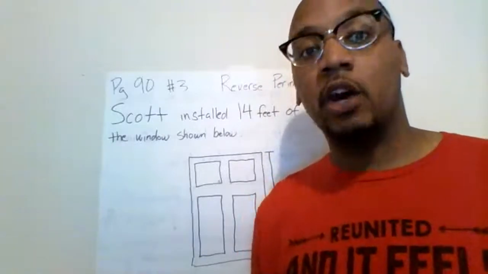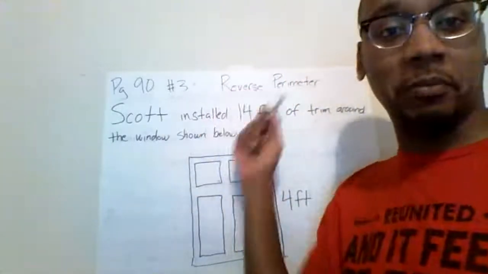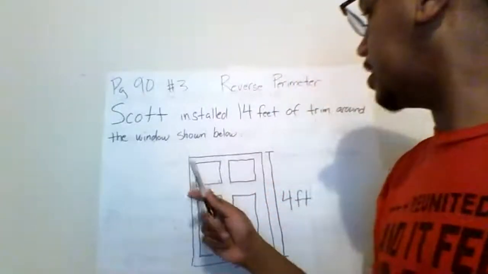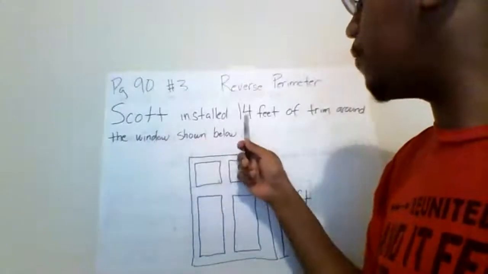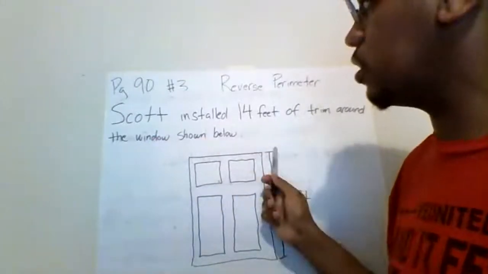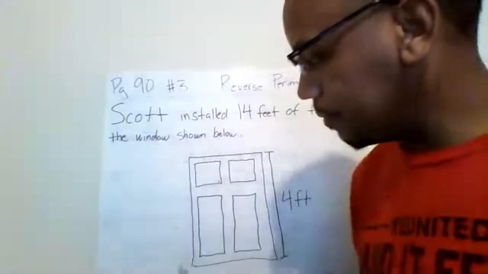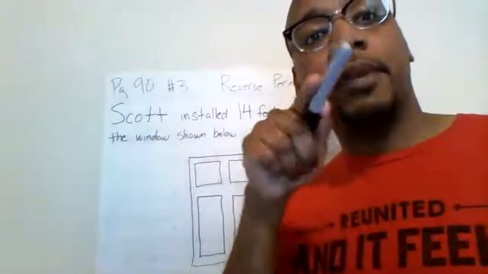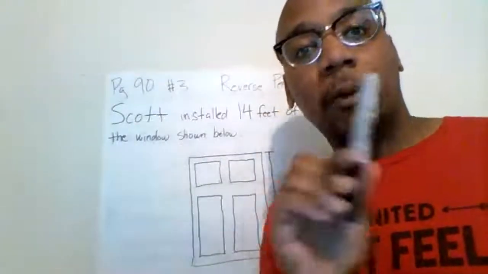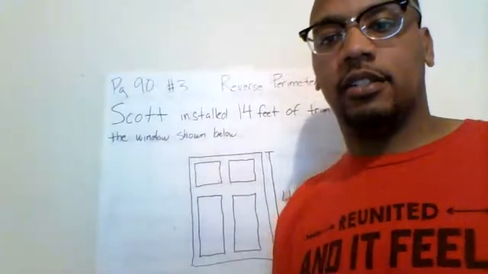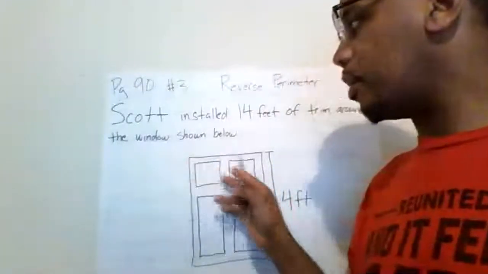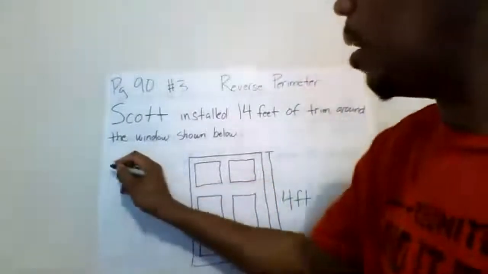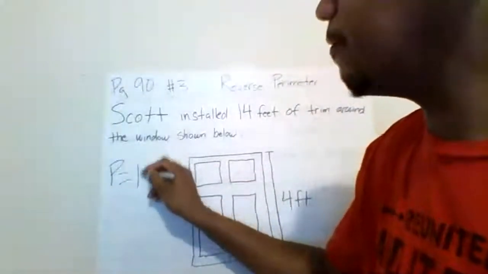And I know it's perimeter because it says he installed 14 feet of trim around the window. Perimeter goes around the outside edge of a shape. If we were talking about area, we'd be talking about the space on the inside. So we know it's the perimeter, and we already know that the perimeter equals 14 feet.